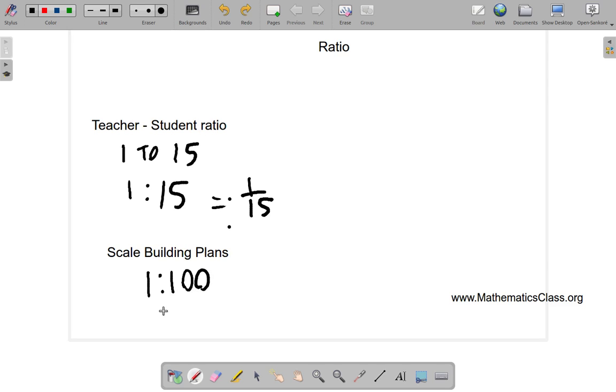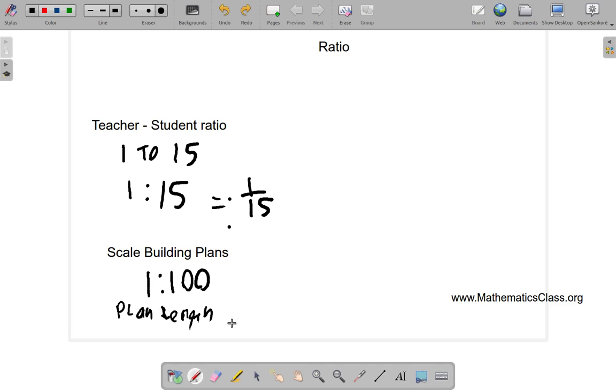It's a ratio of the size of the plan to the size of the house. Or let's not use size, because you might also think of size as the area or a volume of a room.